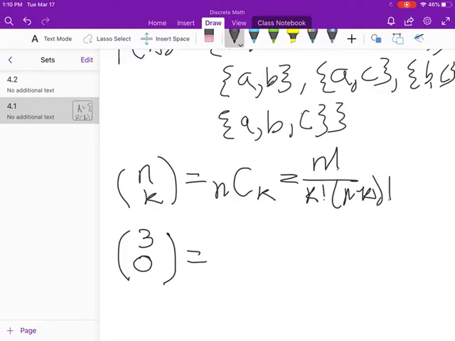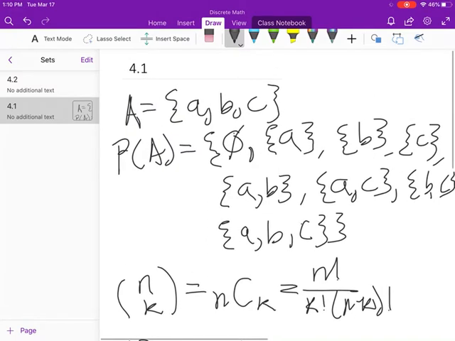So here I've got 3 factorial divided by 0 factorial times 3 minus 0, which is just 3 factorial. 0 factorial is 1. 3 factorial is 6 if you really want to calculate it, but it's unnecessary because 3 factorial divided by 3 factorial, whatever it is, is just equal to 1. That gives us our number of 0-element subsets: there's only one of them.